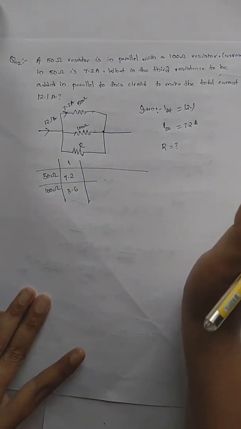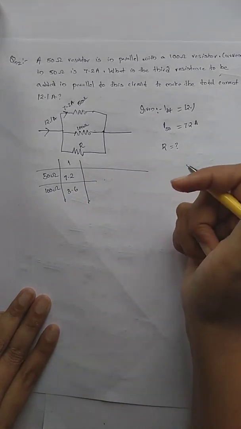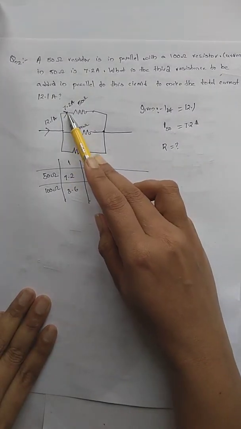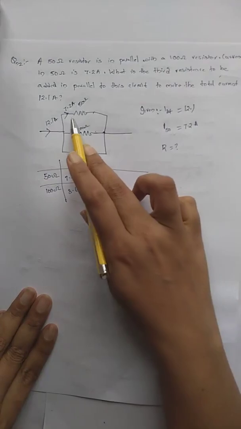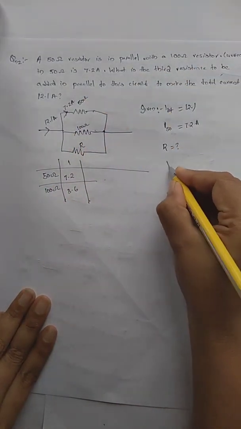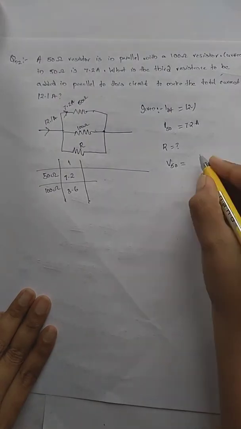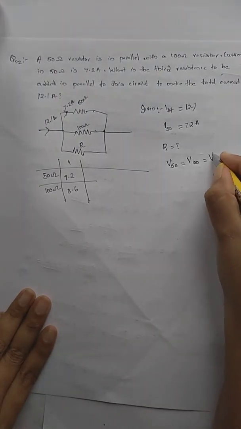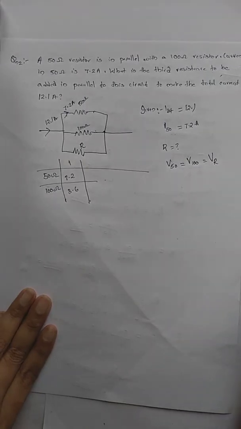If you are not accepting with me, then I will give you some other equations. Current flowing through 50 ohm is 7.2 ampere, isn't it? So voltage across 50 ohm should be equal to voltage across 100 ohm, and it should be equal to voltage across the new resistance.